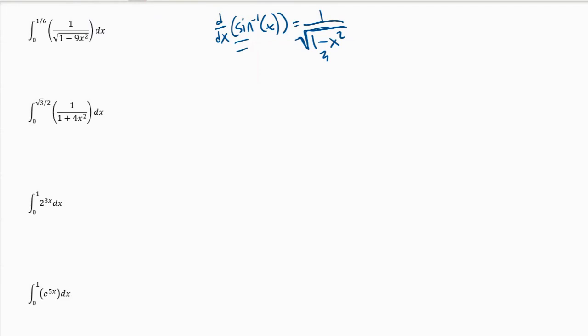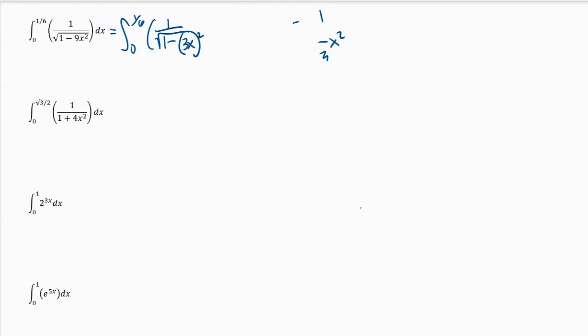So what I can do is I can let u equal, so this is what I'm going to do. This is the integral from 0 to 1/6 of 1 over the square root of 1 minus, and I'm going to make this something squared. So 9x squared is the same thing as 3x squared.